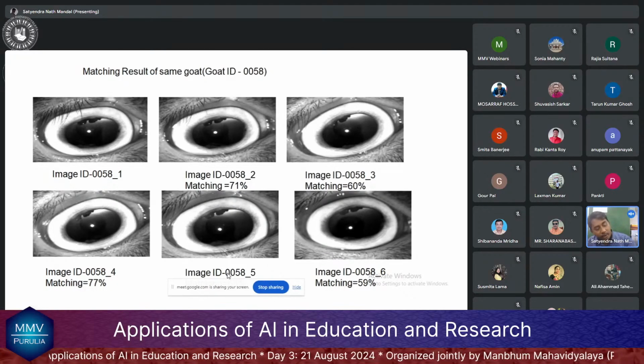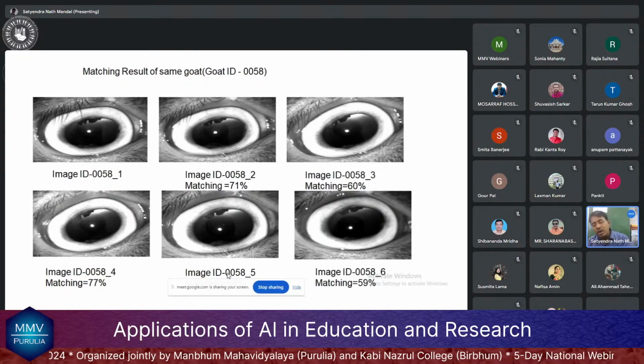So what was the problem? The problem was our image type. This is a monochromic image. The monochromic image will not work for large sets of animals.